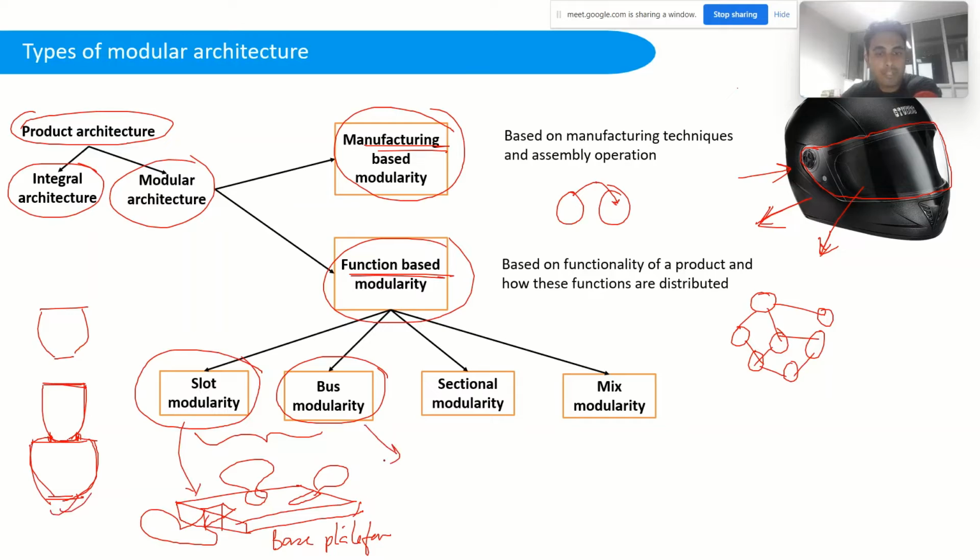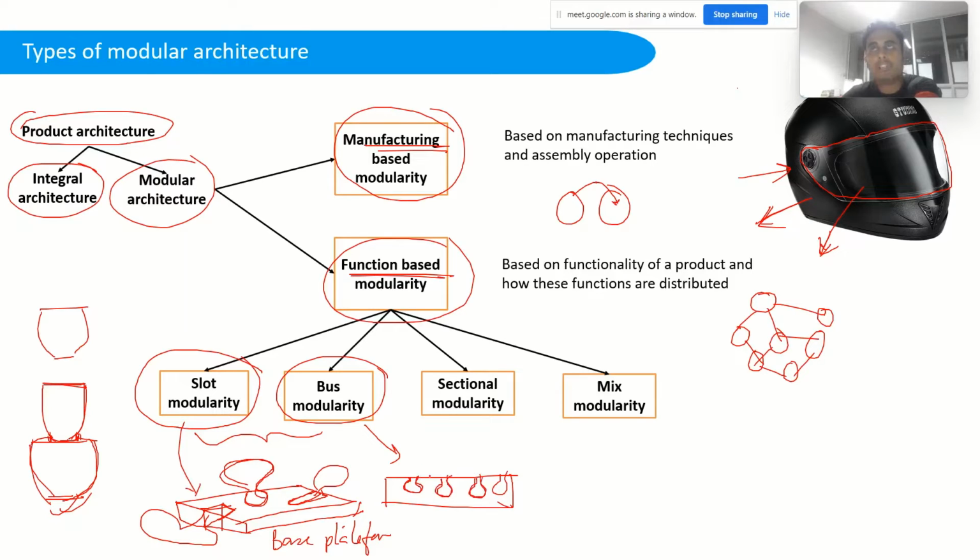Bus modularity is where we have a base platform, but the shape of the slots is the same. In slot modularity, it is not required that in a particular product all the slots are of the same size and shape. However, we call it bus modularity when the slots are of similar shape.